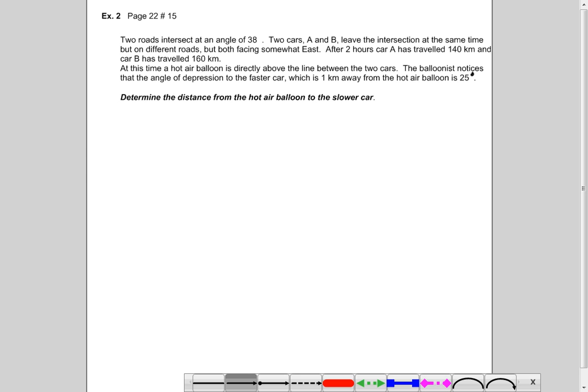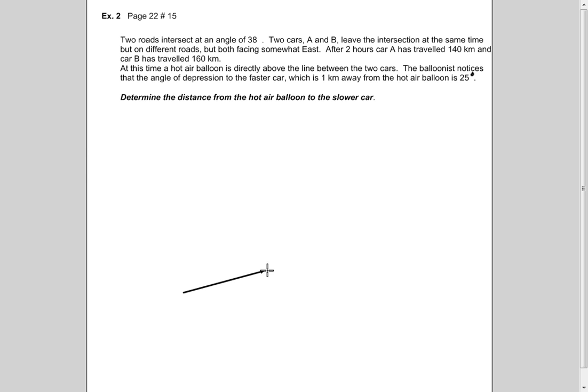So let's do car A like this, and car B like that. And remember, it's in 3D, so it's hard to get the diagram. Okay, like that. That'll do. We know that the roads intersect at an angle of 38 degrees.